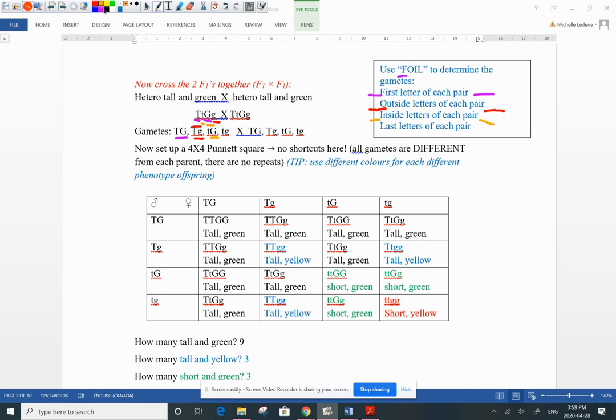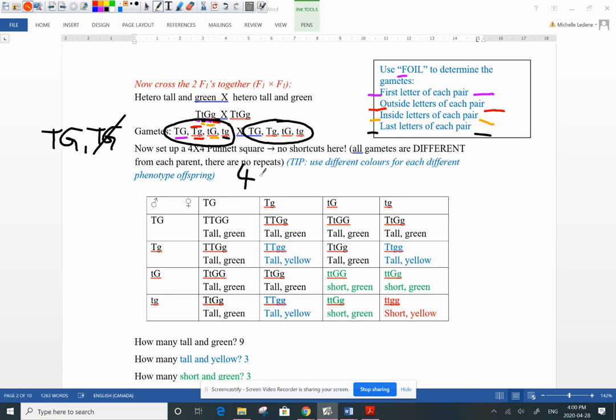And then I'm going to do the last letter of each pair, and I'm going to do those in black. So that's going to be the last letter, the little t, and the last letter there, the little g. So little t, little g. So I have 4 different gametes from this parent. There's no repeats though. It's not like we have big T, and another big T, big T. They're all 4 different separate ones.